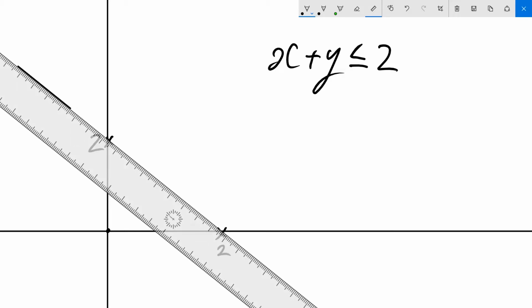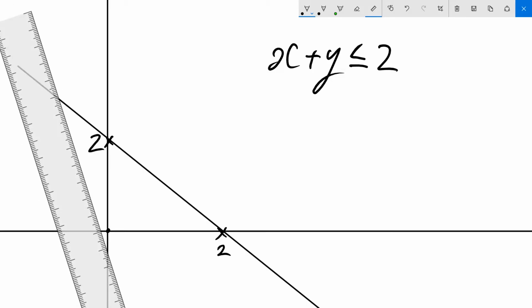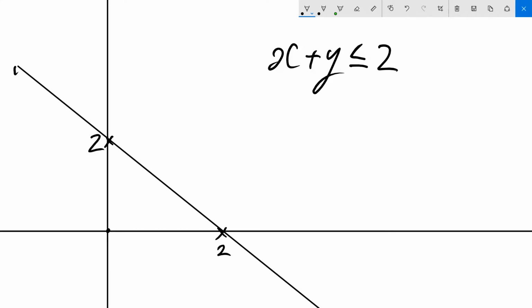It's not exactly perfect, this is not to scale. So we sketch the line like we normally would, and then we have to work out, well, what's our region required?